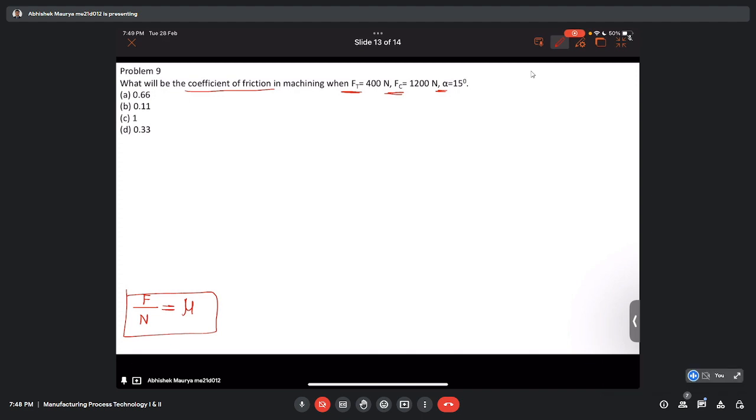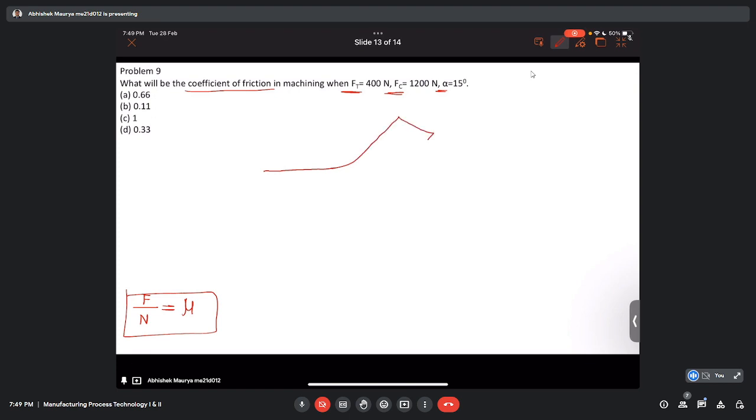So we don't have F or N; we have been given Ft and Fc. So we have to find some relationship between F and N with Ft and Fc. So again we will draw the same geometry. We will have the workpiece.